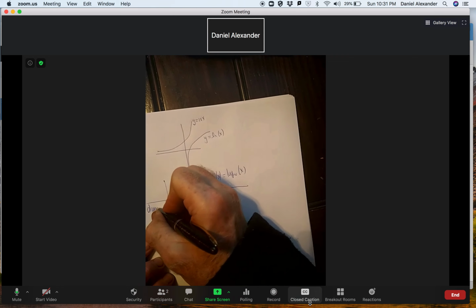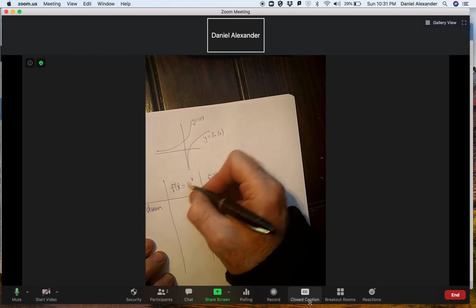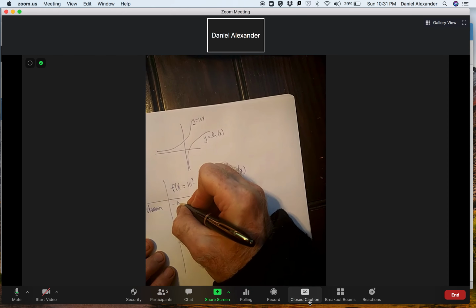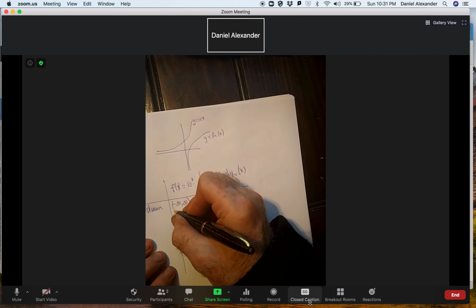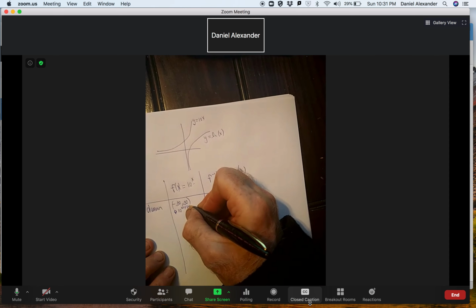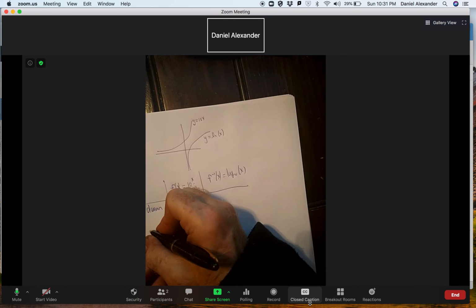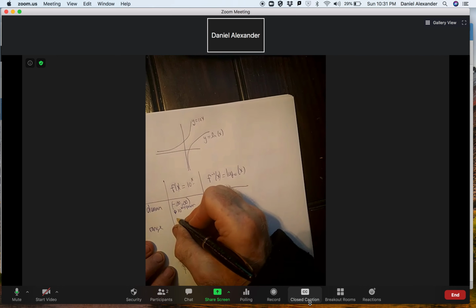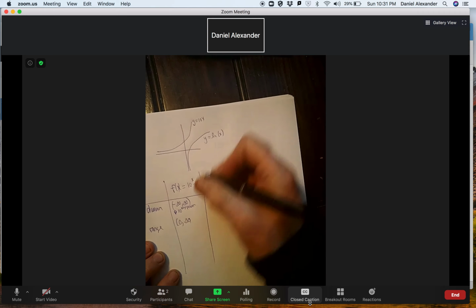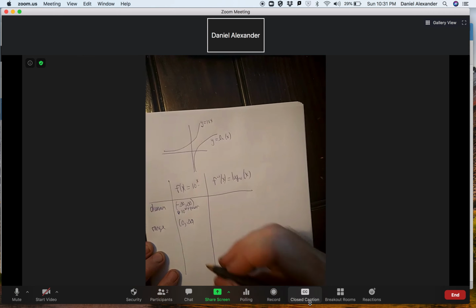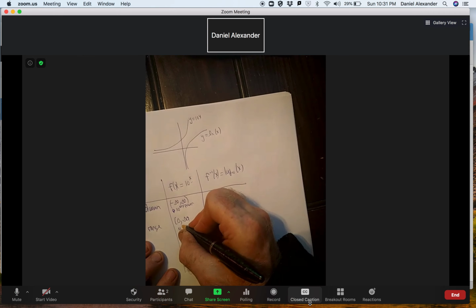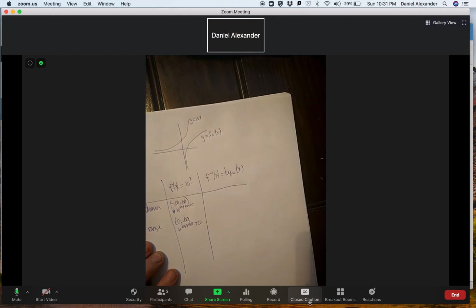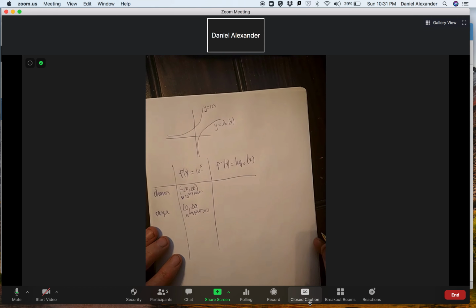So here's the domain. We saw that the domain of 10 to the x was minus infinity to infinity. And that's because you can plug in 10 to any power. That's allowed. Okay. The range is 0 to infinity. Again, you can see the graph is always above. And why is that? That means that 10 to any power has to be positive. Think of multiplying 10 by itself a few times.